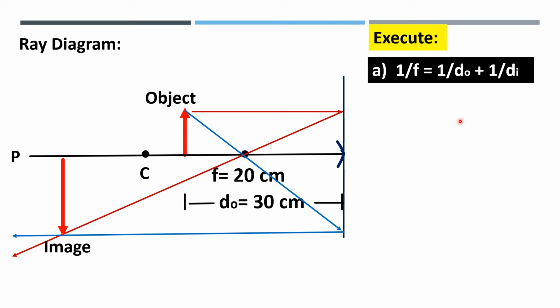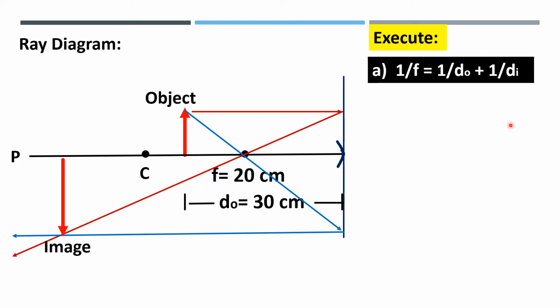So the mirror formula goes something like this. The reciprocal of the focal length, or 1 over f, is just equal to the reciprocal of the object distance plus the reciprocal of the image distance. In short, 1 over f is equal to 1 over dO plus 1 over di.